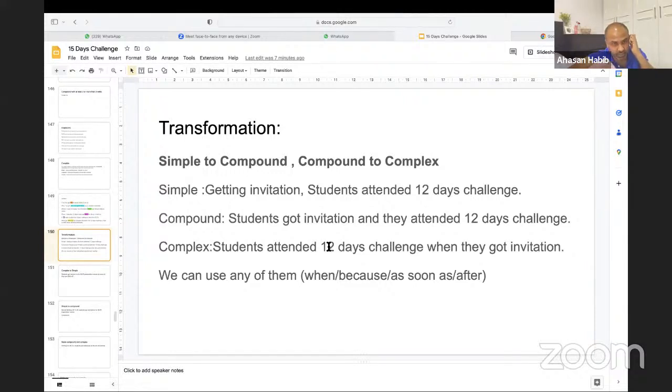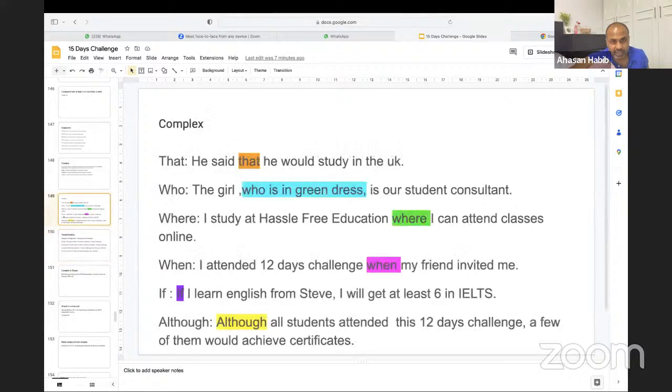We understand that. Now complex, see, students attended 12 days speaking challenge when they got invitation. Okay, so using when, we are using complex sentence. Now I'd like to go a little bit back. So once you see these kind of things like that, who, where, when, if, that means that's a complex sentence.